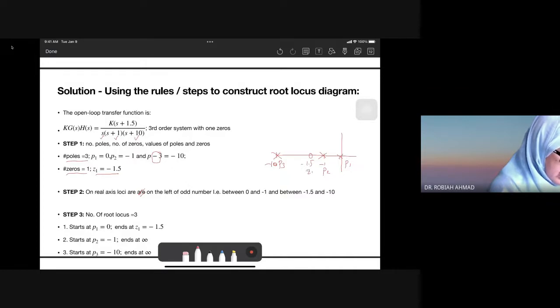It says here we should have the locus at the odd 1, 2, 3. So in other words, it should be something like this.